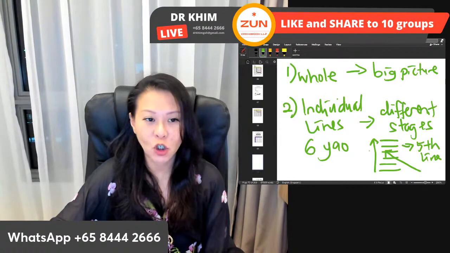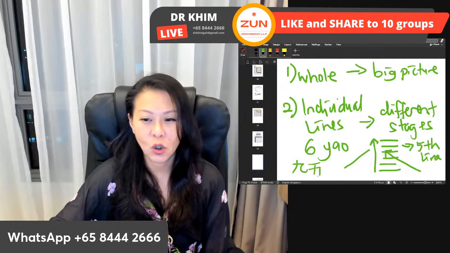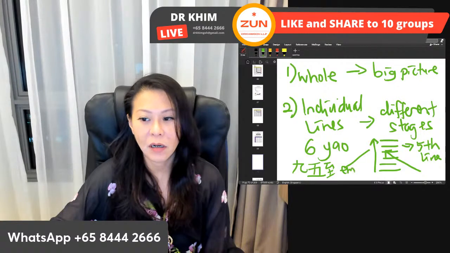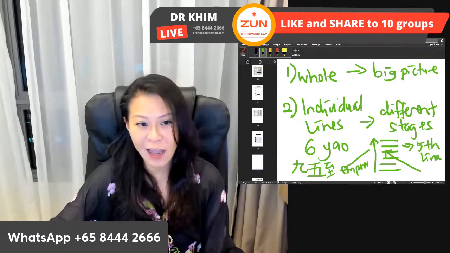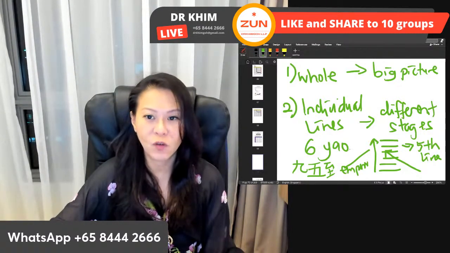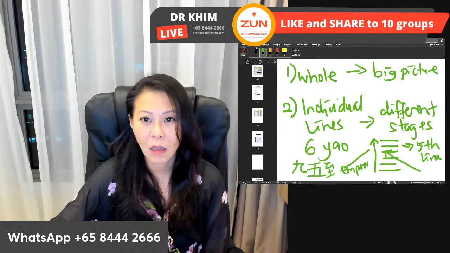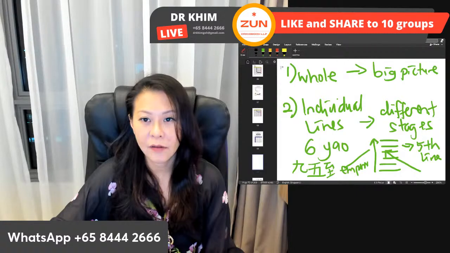That's why they call it 九五至尊, the emperor, because the fifth line is the most important line. Understand?